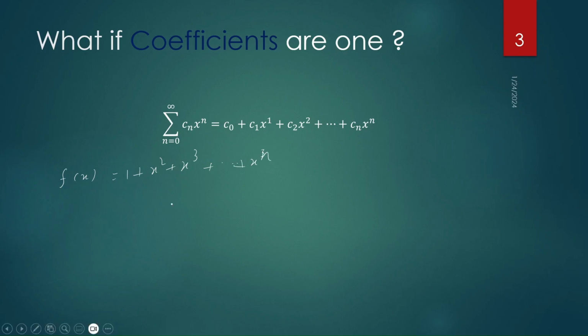This is the geometric series, and it will converge if the value of x is from -1 to +1.